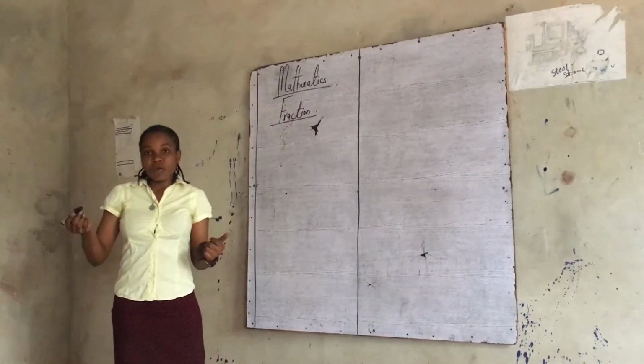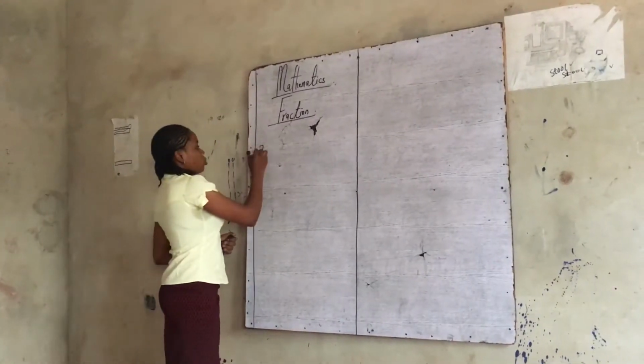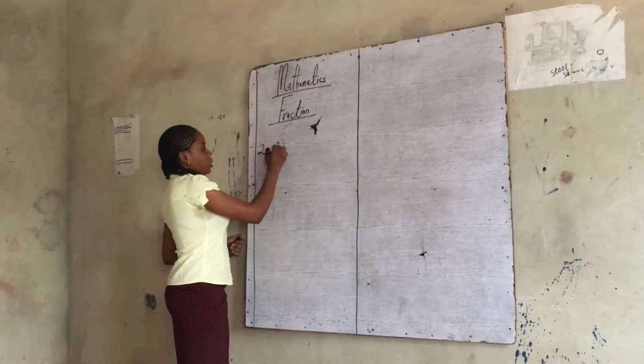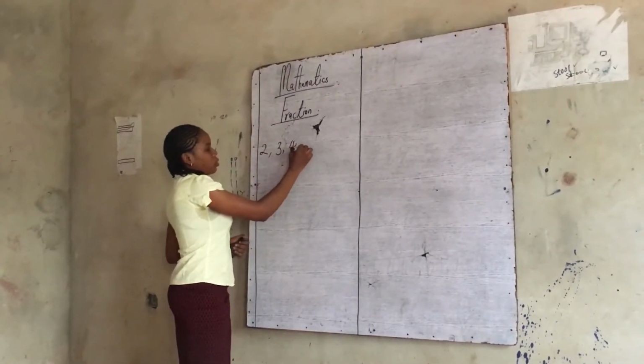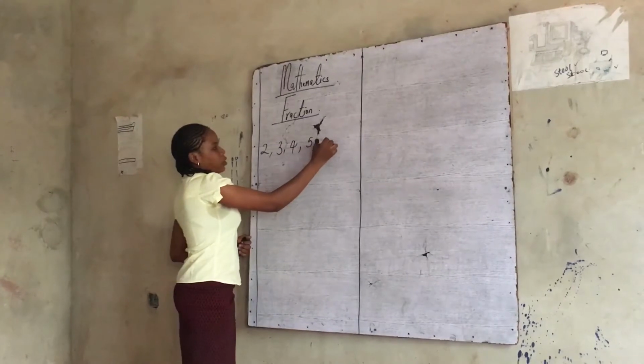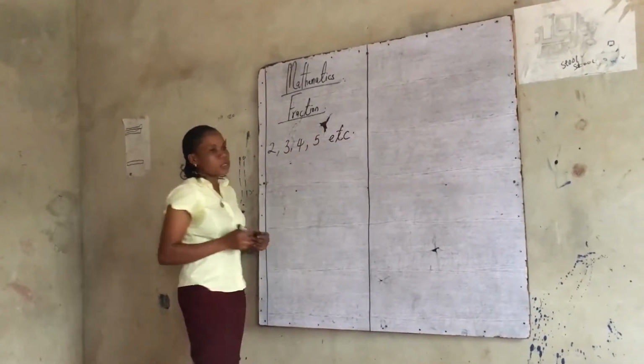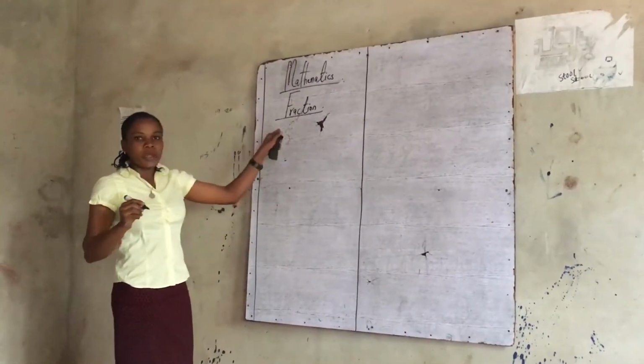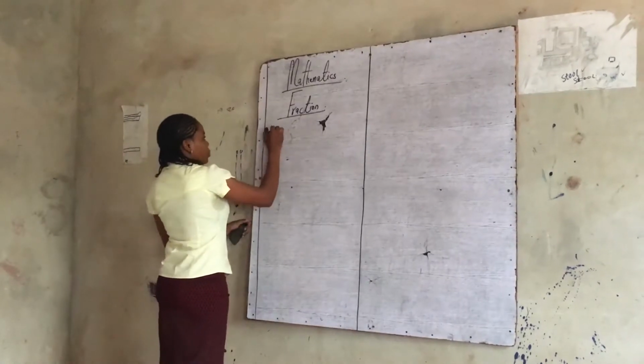An example of a whole number is 2, 3, 4, 5, etc. Let me quickly run it down on the board here.